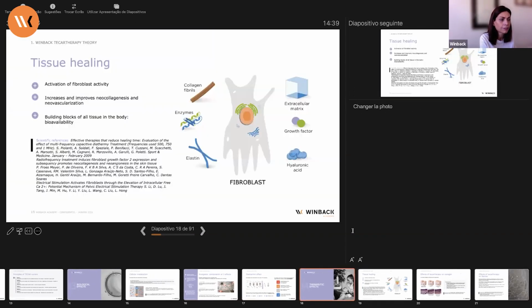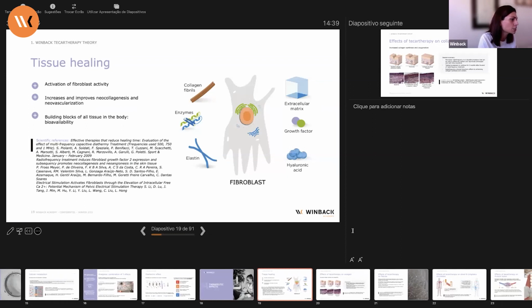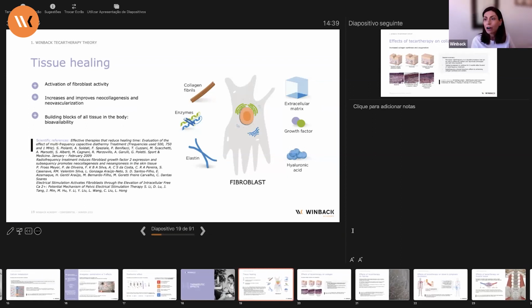So the thermal effect, the therapeutic effects, the tissue healing. How will we work and how will we get results? We have activation of fibroblast activity. It increases and improves the neocollagenesis and the neovascularization.